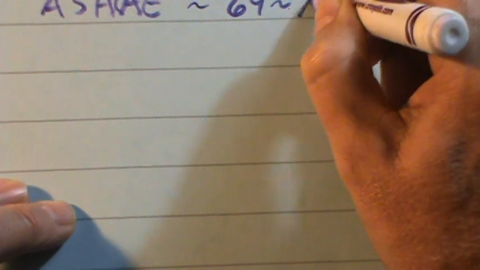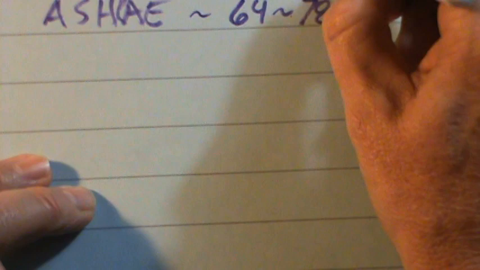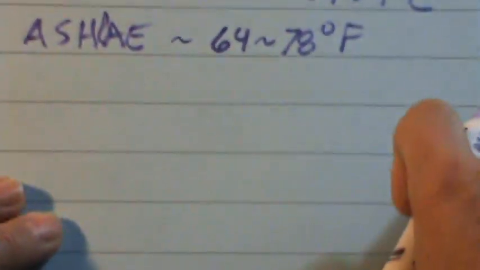On the order of 64 up to about 78 degrees. And here's Fahrenheit. And of course you'll get different answers if you use centigrade, because then you're 1.8 degrees Fahrenheit per 1 degree centigrade.